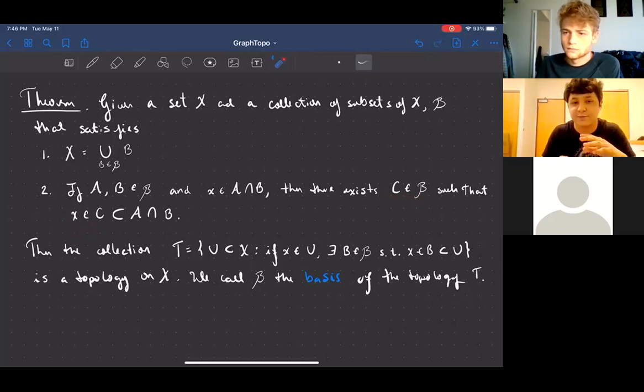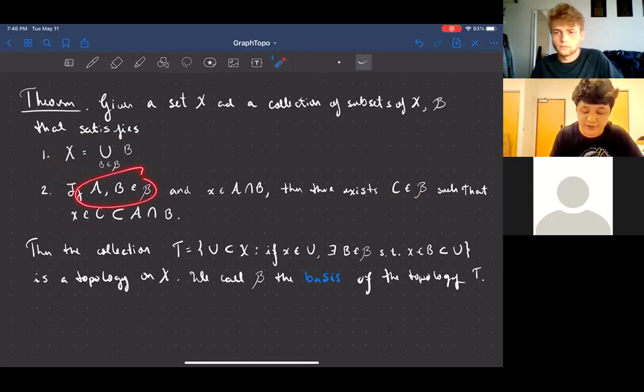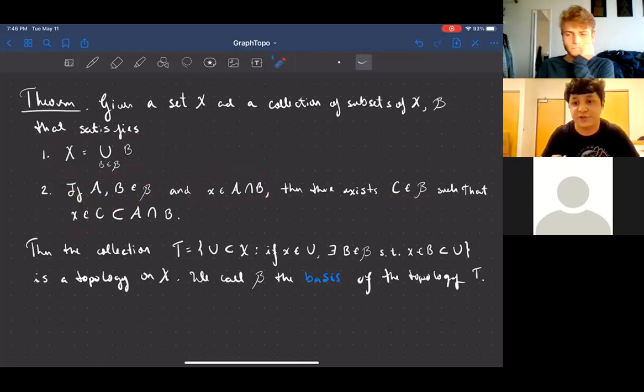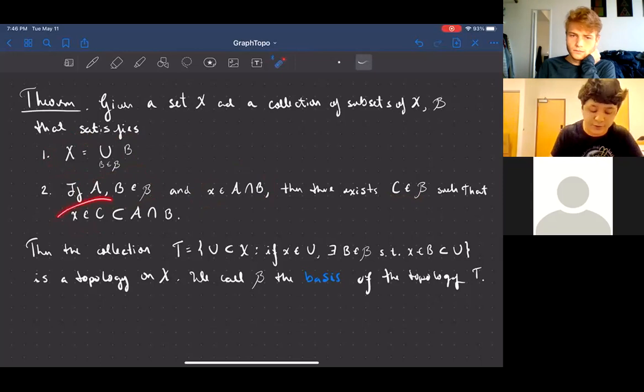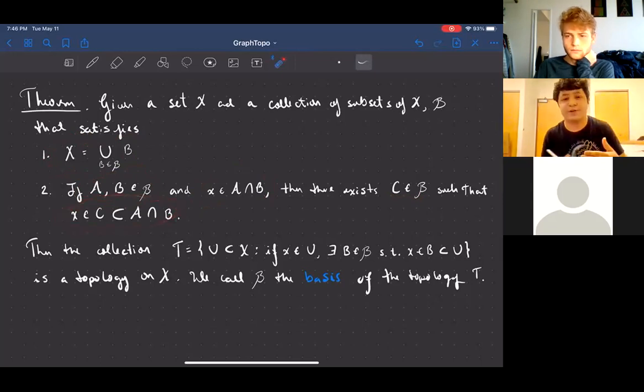So this is basically doing the same as open balls. The union of all open balls covers the complete space, and if you have two balls and a point in their intersection, then a smaller ball will contain that point and be inside the intersection of those two initial balls.